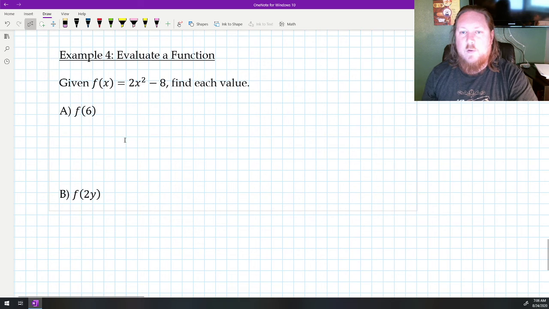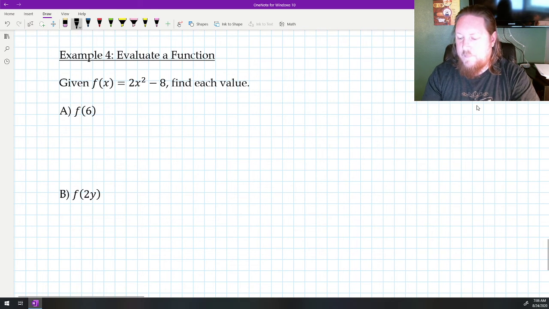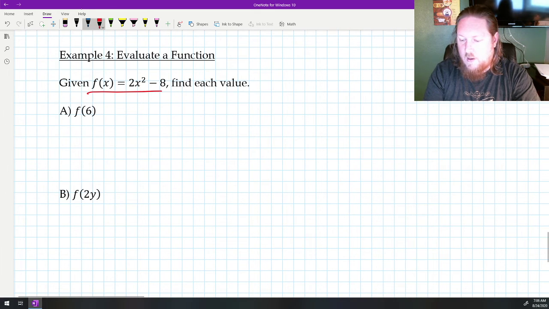All right, and here we are given a specific function, f of x equals 2x squared minus 8. This whole bad boy here, and we're going to evaluate it, which means when I have f of 6, everywhere there was an x in the definition of the function, I am going to write a 6.